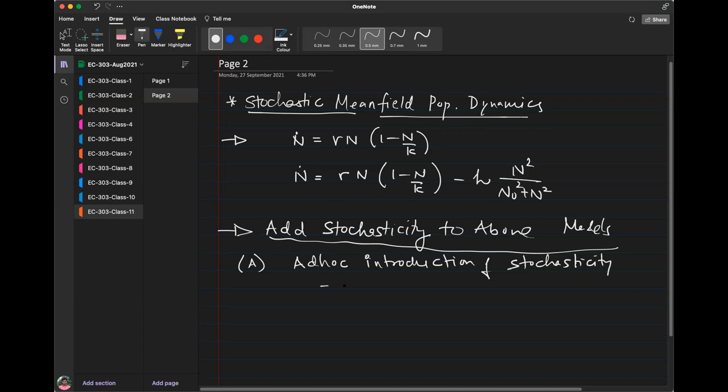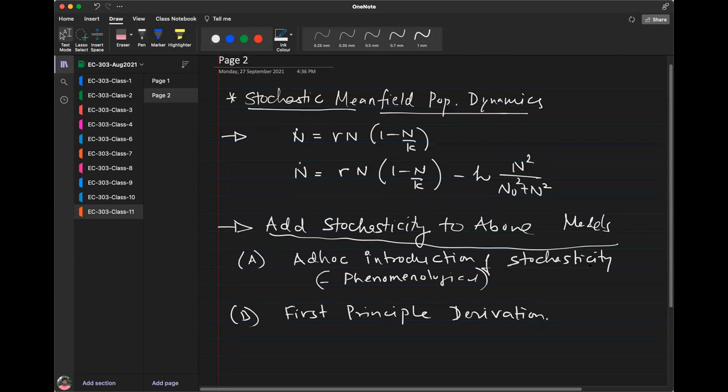You can also say phenomenological, although I'm not very sure if it's the right word. Another one is based on first principle derivation. So what do we mean by these two approaches?